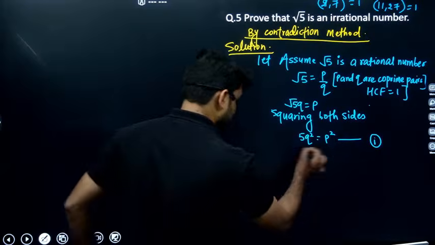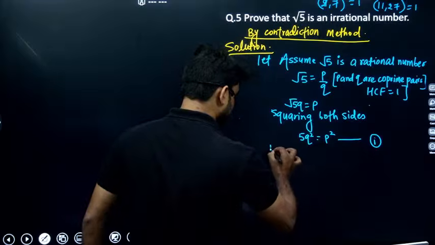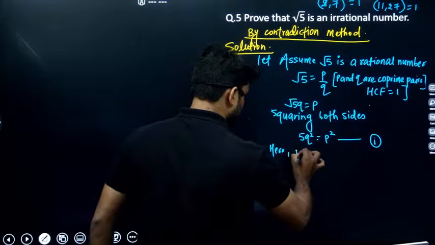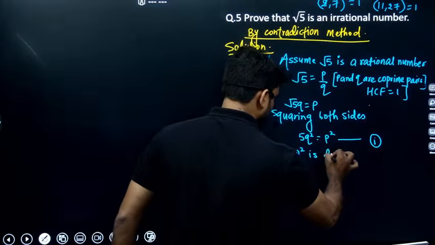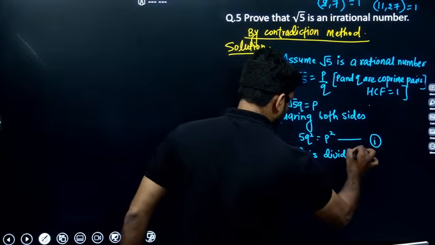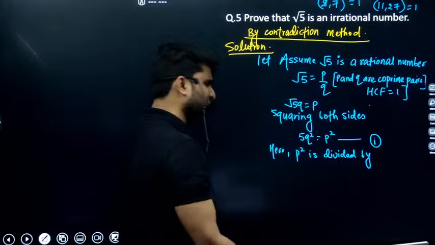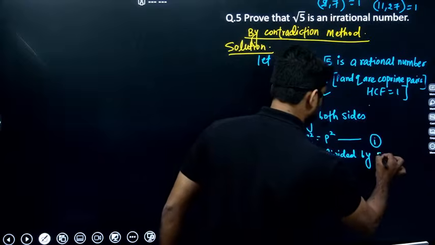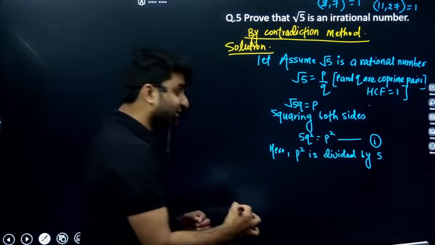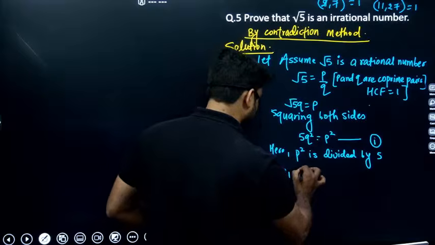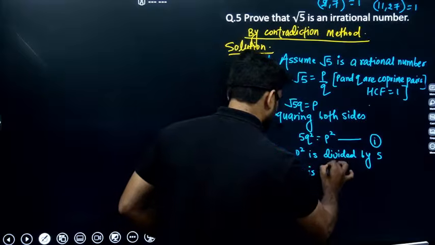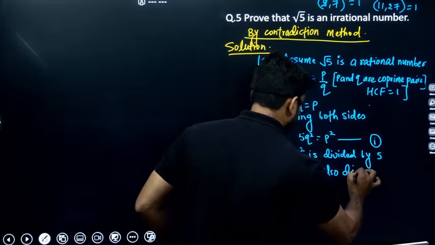So my dear champion, it implies that P square is divided by 5, and if P square is divided by 5, we can write P is also divided by 5.